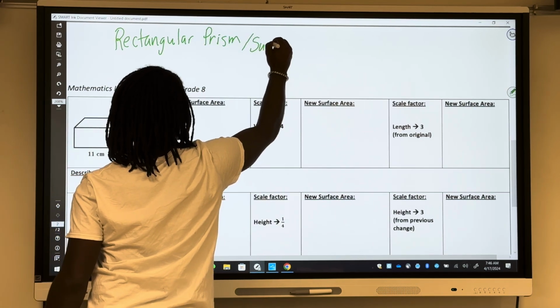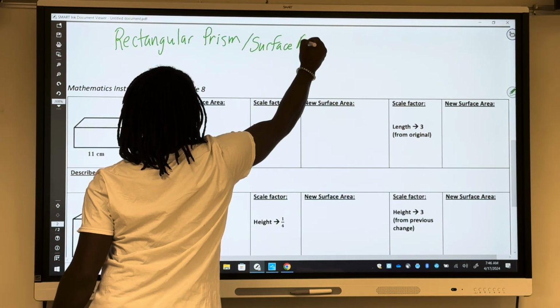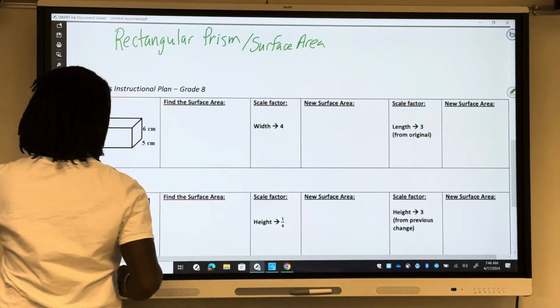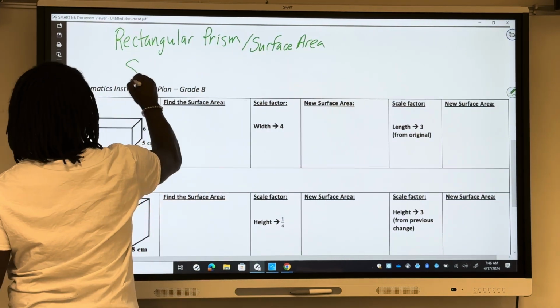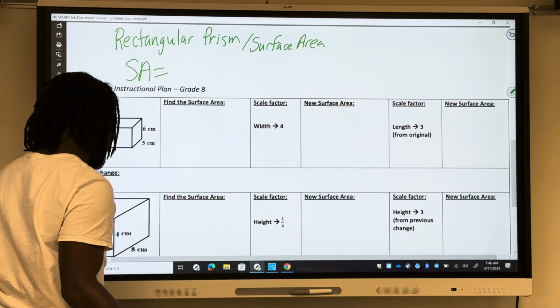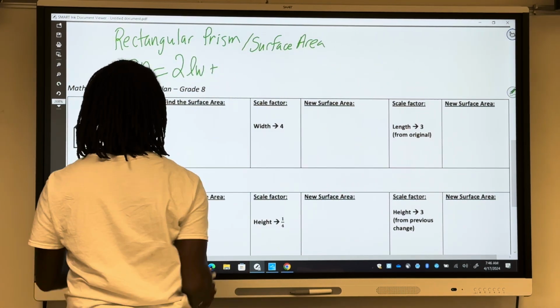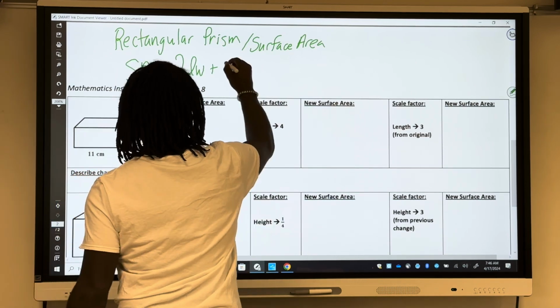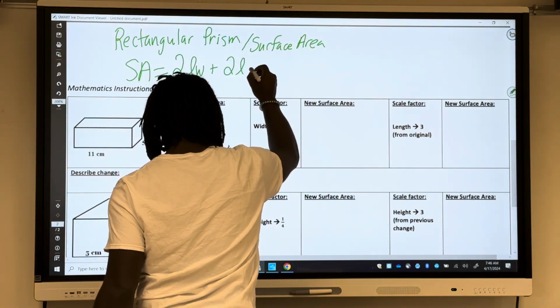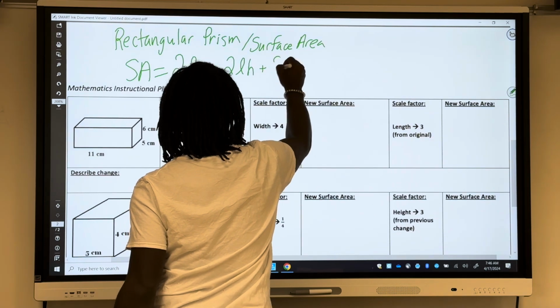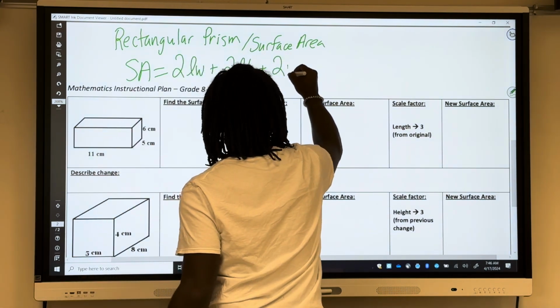And this defines the surface area. The formula that you're going to need here is SA equals, again, this can be found on your formula sheet, 2LW, that's 2 times the length and the width, plus 2 times the length and the height, plus 2 times the width and the height.